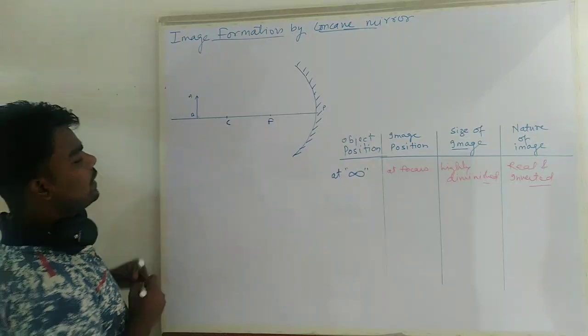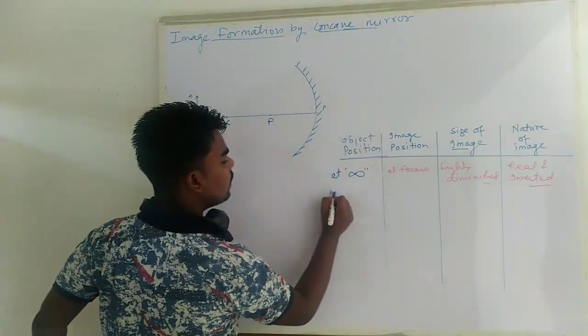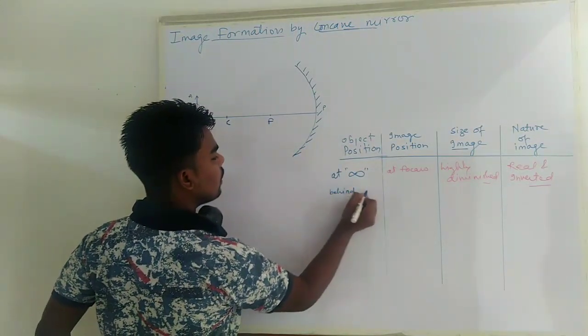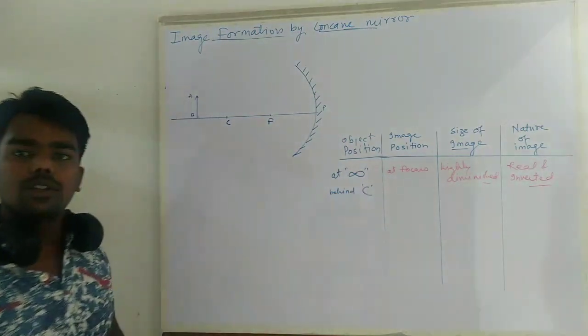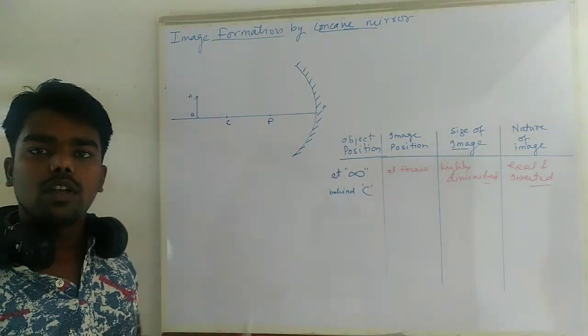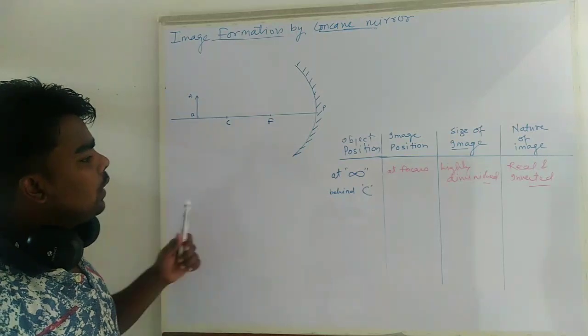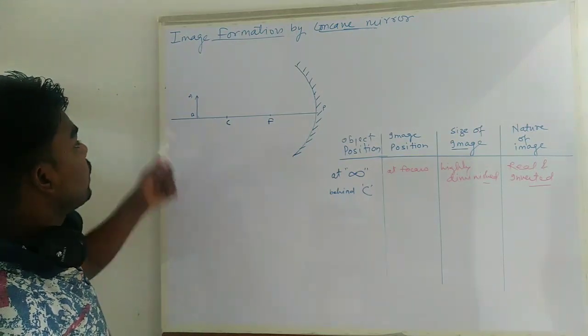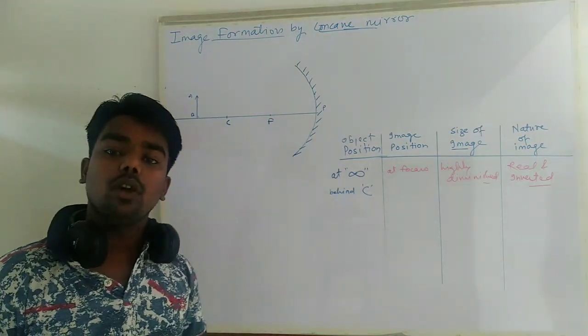So the object is placed behind the center of curvature. Now we will see what will be the nature, size and position of the image.